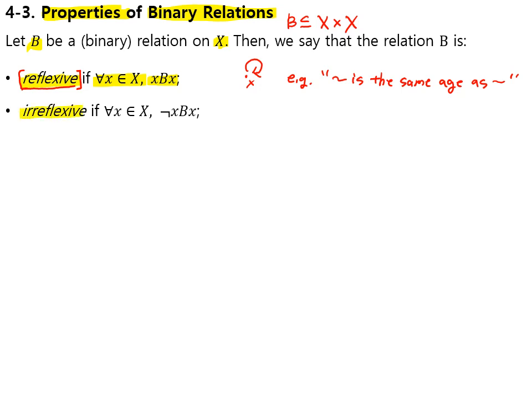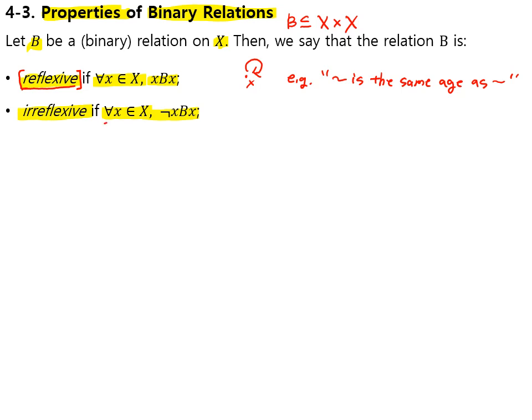So a binary relation is said to be irreflexive if for every element X, X does not bear the relation to itself. What this basically means is that there exists no element that bears the relation to itself.